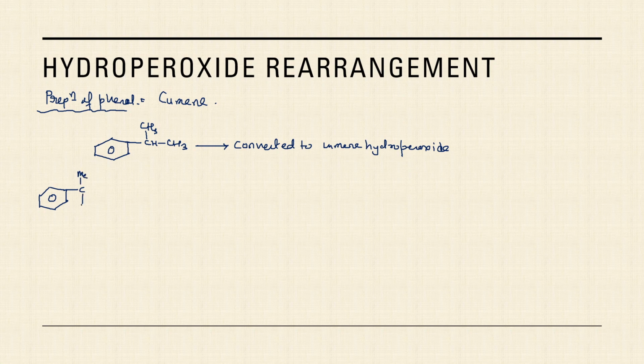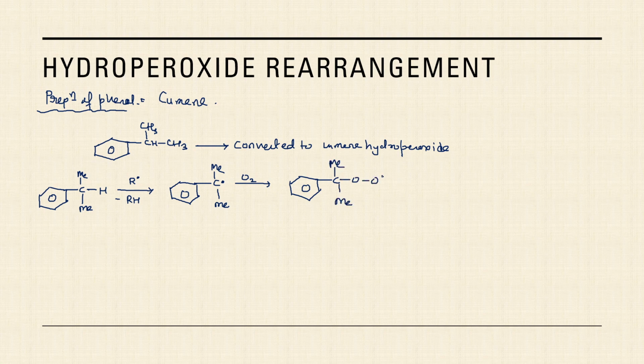So Me is a hydrogen. This reacts with a free radical, forms C, which then reacts with O2, and it becomes this one, and then it reacts again with RH, generating alkyl free radical.